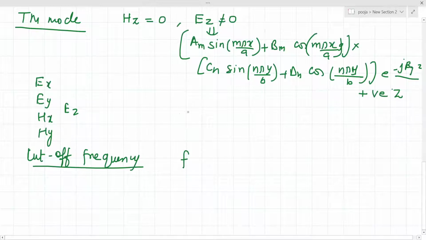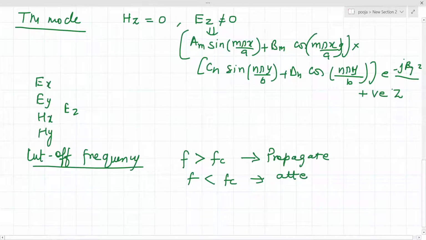If the frequency of the impressed signal is greater than the cutoff frequency, the wave will propagate, and if f is less than fc, then attenuation will occur. The wave will not propagate, or you could say the wave will be attenuated within a short distance. Anything could be possible depending upon the waveguide and frequency.